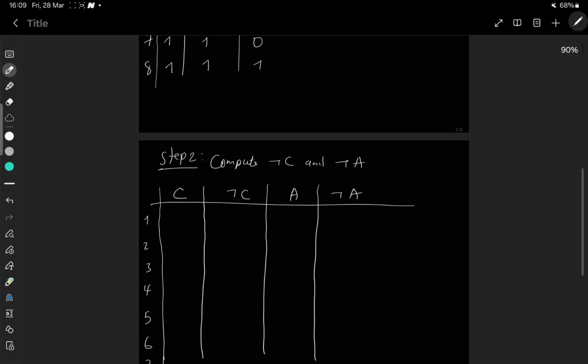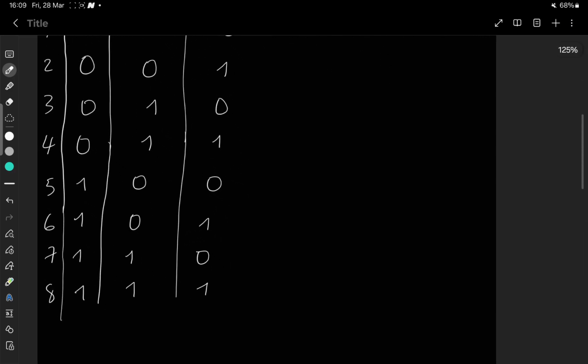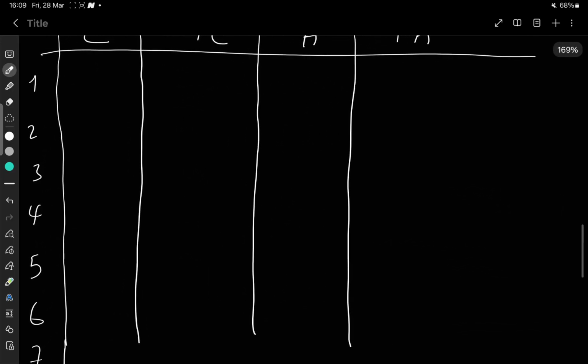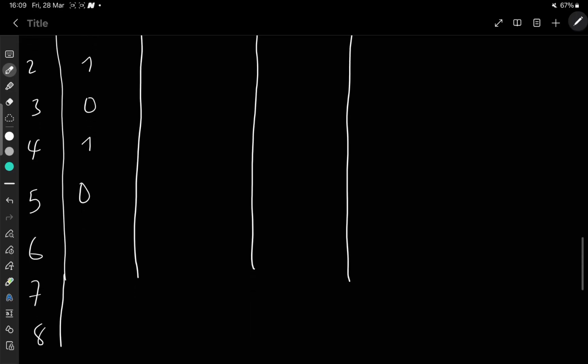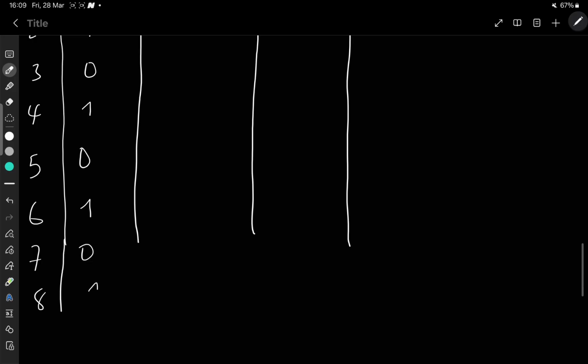We have already computed C. From here now, the value of C is 0, 1, 0, 1, 0, 1, 0, 1.